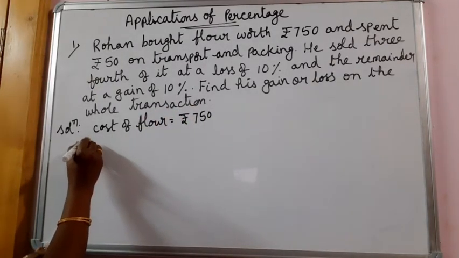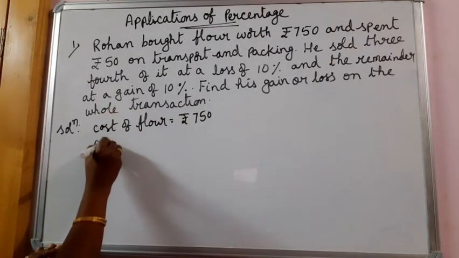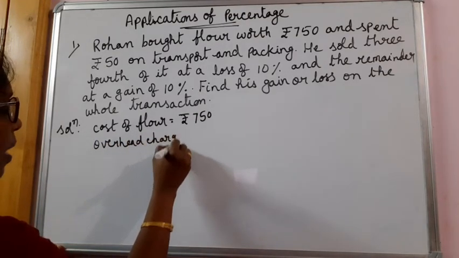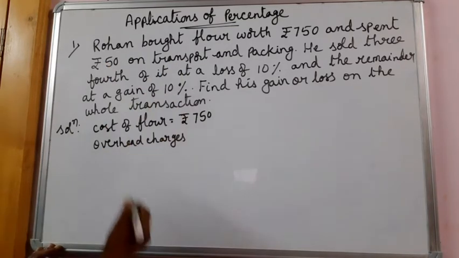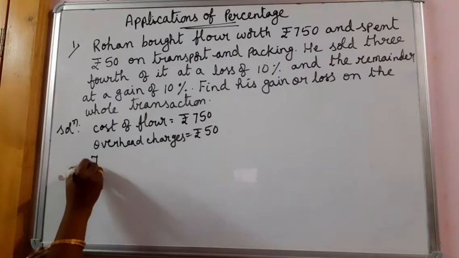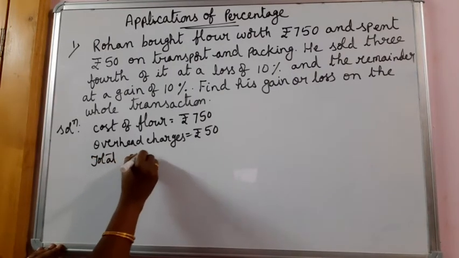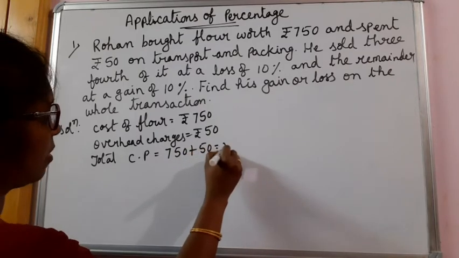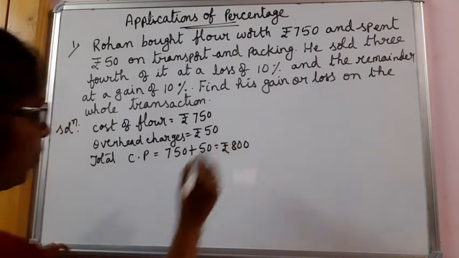He spent on transport and packing, which we can write as overhead charges, 50 rupees. So, total cost price is 750 plus 50 rupees, that is 800 rupees.